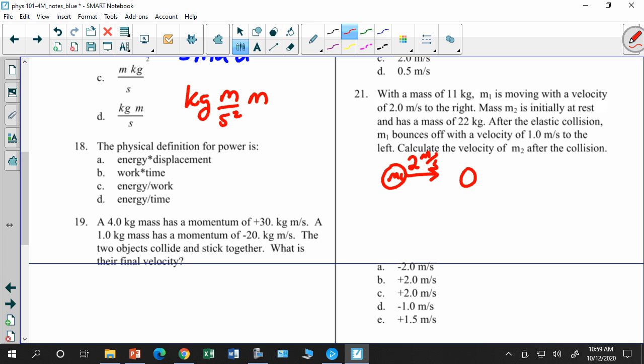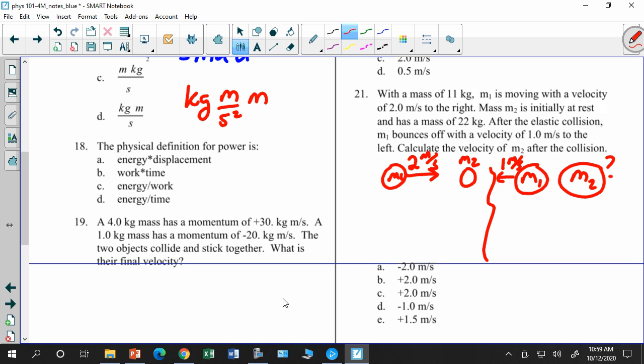M2 is at rest. Then M1 has 1 meter per second to the left. And I want to know what M2 is.